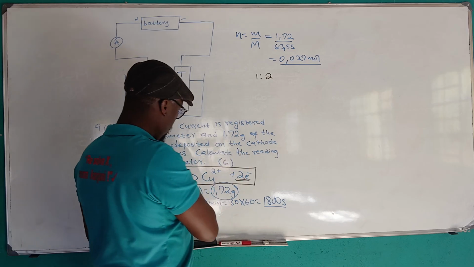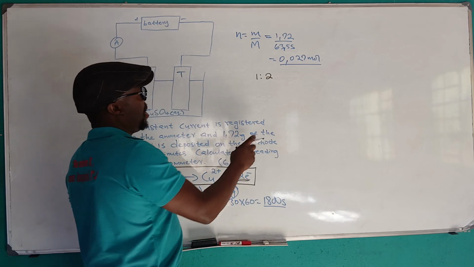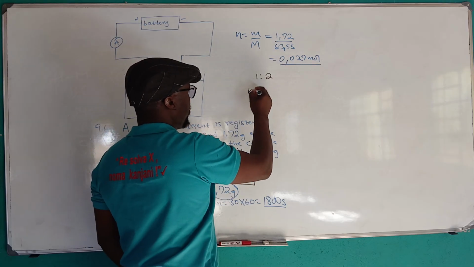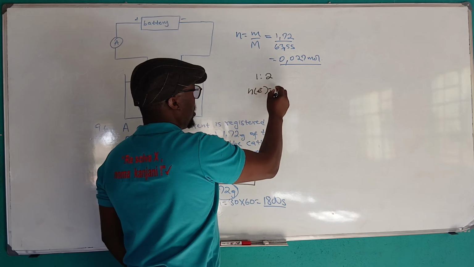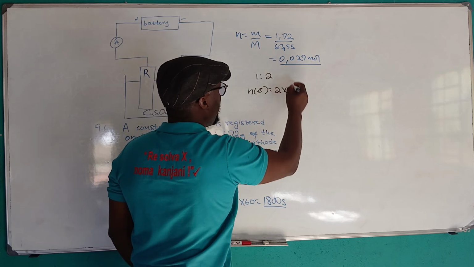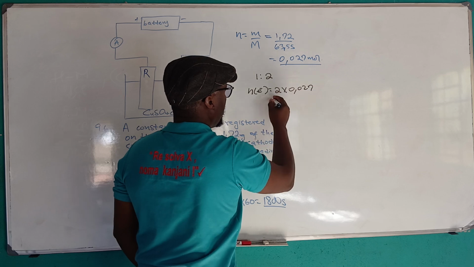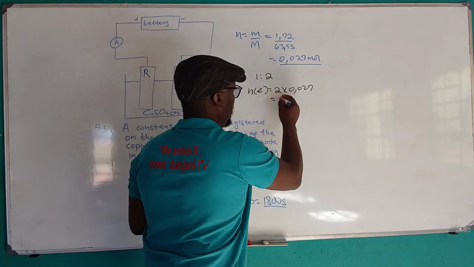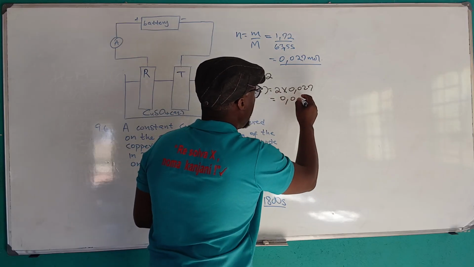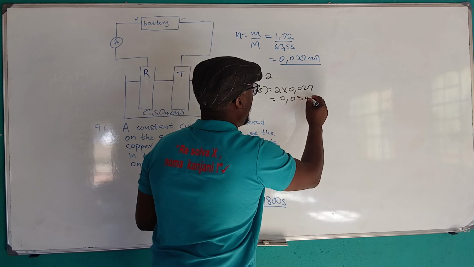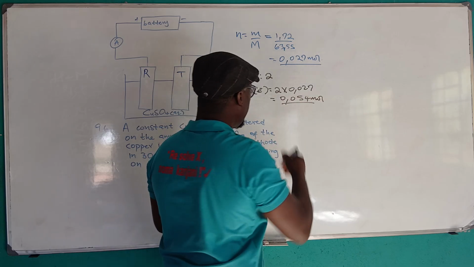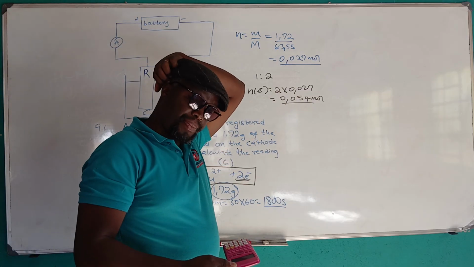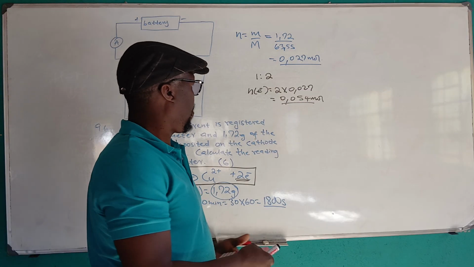The mole ratio is 1:2, meaning that for that number of moles of copper, we're going to have twice that number as far as the electrons are concerned. That gives us 0,054 moles, which is the number of moles pertaining to the electrons which are released.